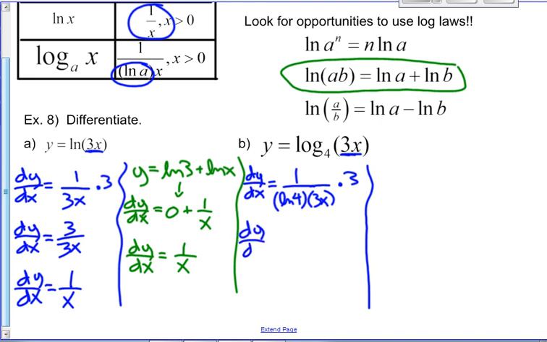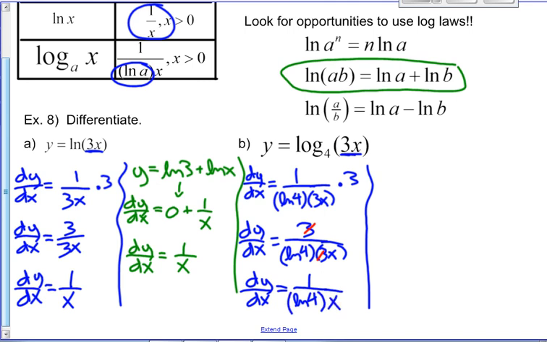Again, some people might skip straight to this. That's 3 over ln 4 times 3x. And the 3's here will divide out. So we'll be left with 1 over ln 4 times x, or x ln 4.